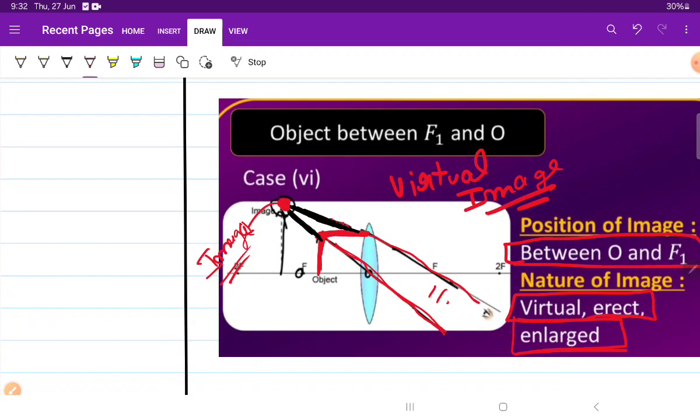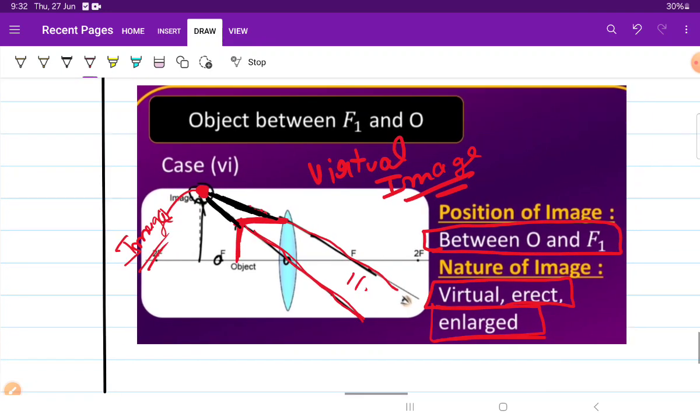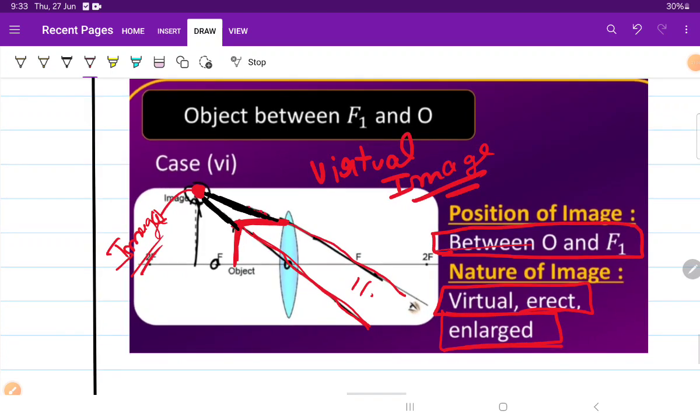So our image is not forming on the right side of the lens, but it is forming on the left side of the lens. So the position of the image will be on the same side.